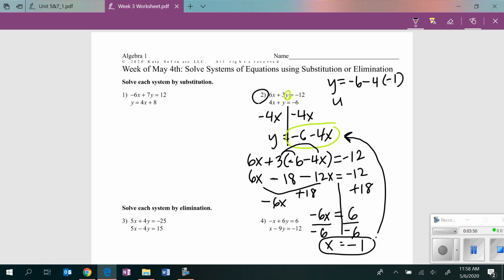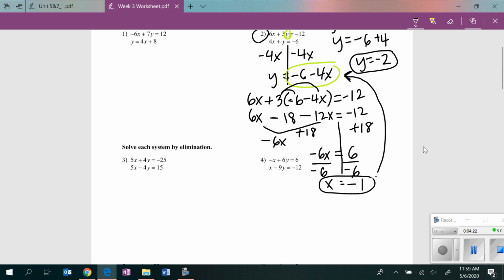Remember to do your parentheses first. There's nothing to combine inside of that parentheses, but we have that multiplication that should come before any addition or subtraction. So -6 and -4 times a -1, you get a +4. So y equals -2. That's it. Now you've got your answer, -1, -2.